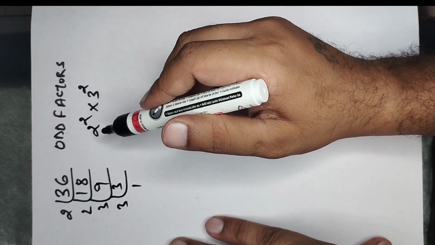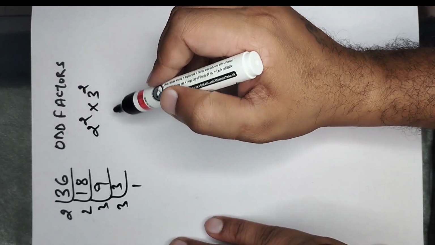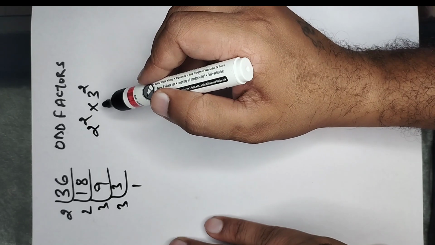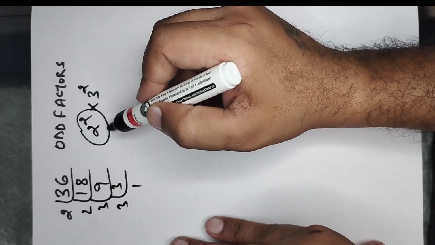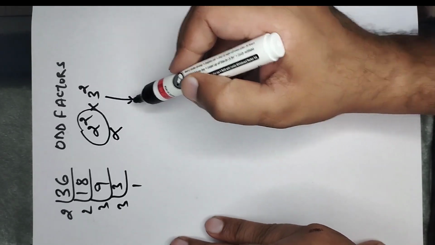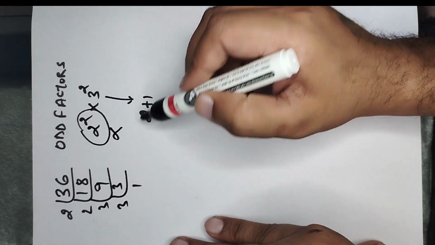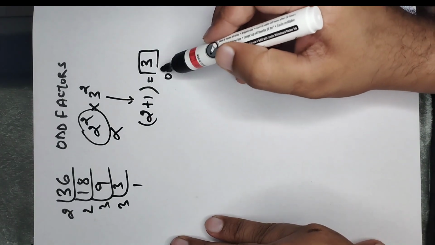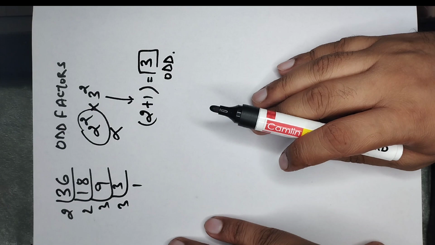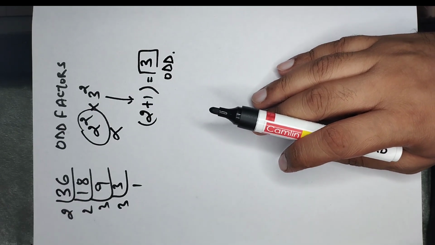As I have told you, 2 if multiplied with any odd number will always give us even factors. So we have to eliminate all the 2's, and whatever powers are there, you just add 1 in it. So 2 plus 1 is equal to 3. So I can say there are 3 odd factors in this number, that is 36.